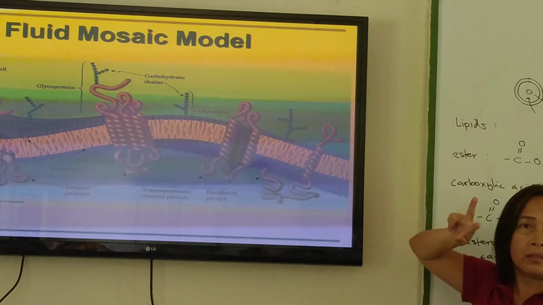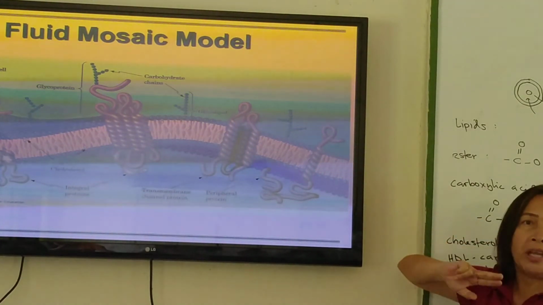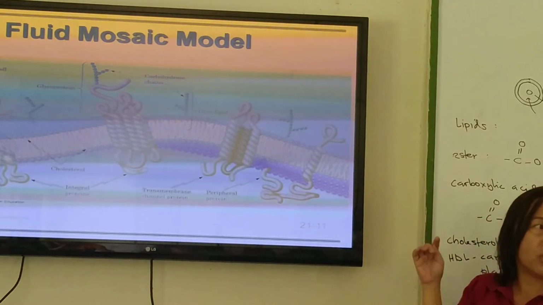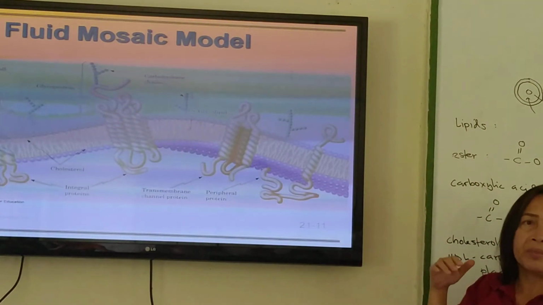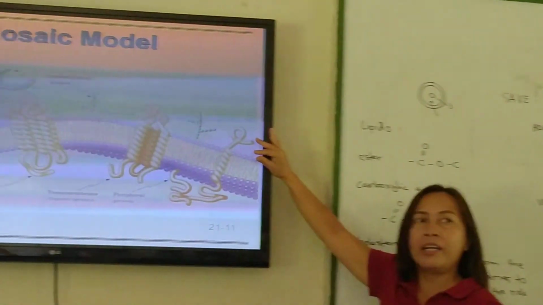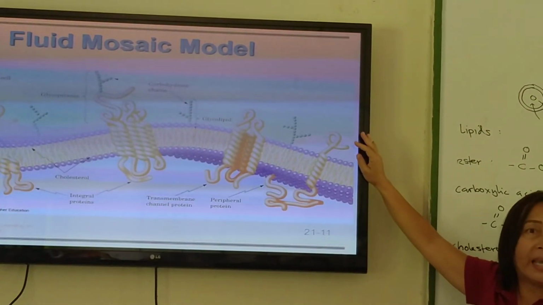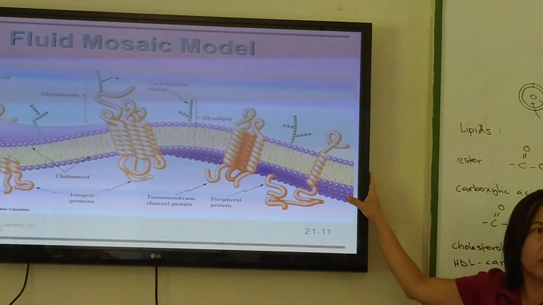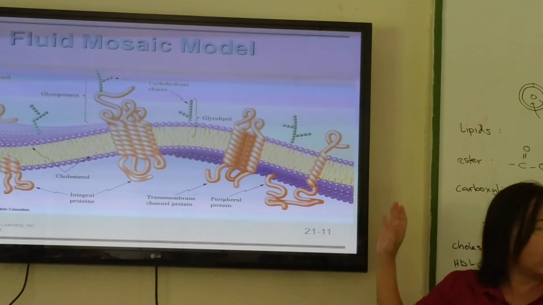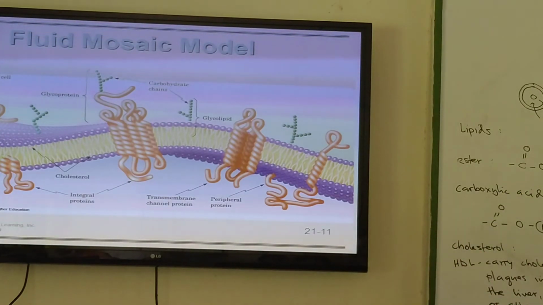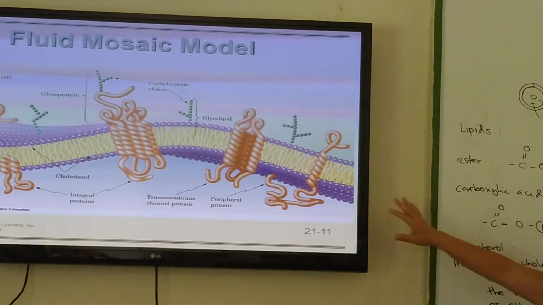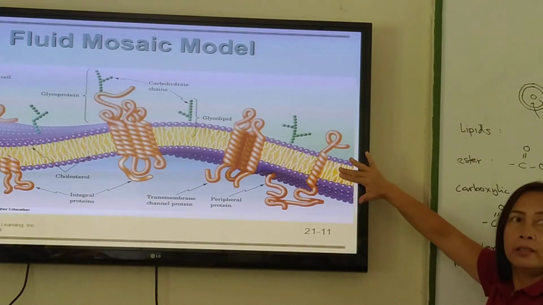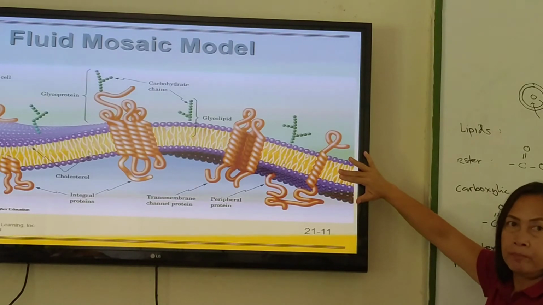What makes it bi? Because there are two layers of phospholipids arranged in a back-to-back form. So you have the head part, which is the hydrophilic, this violet. The balloon-like structures are the phosphate group, the phosphate PO4. These are the phosphate group, this balloon, the head part, and the tail part, which is the lipid form.